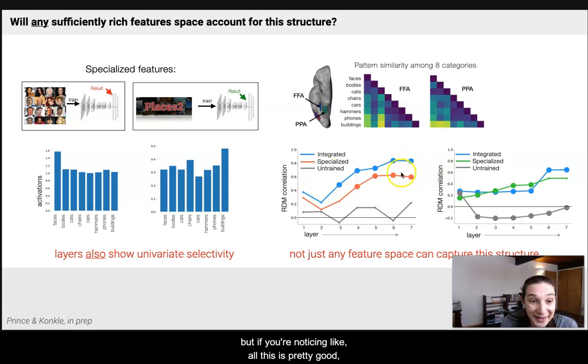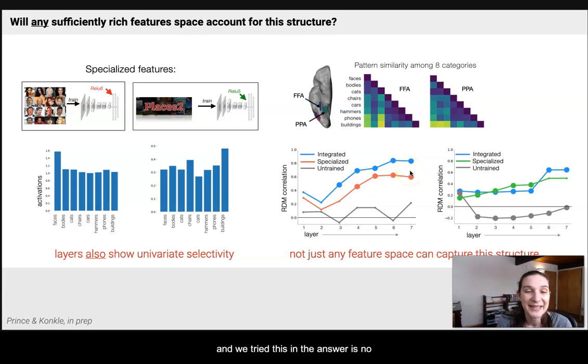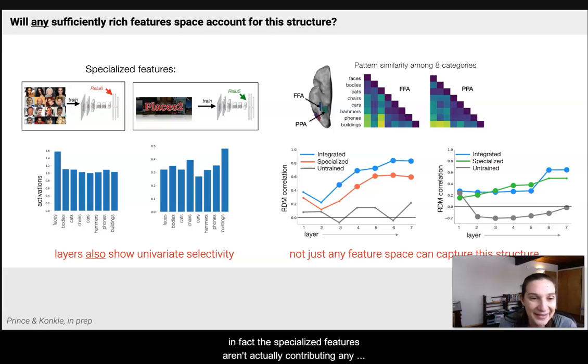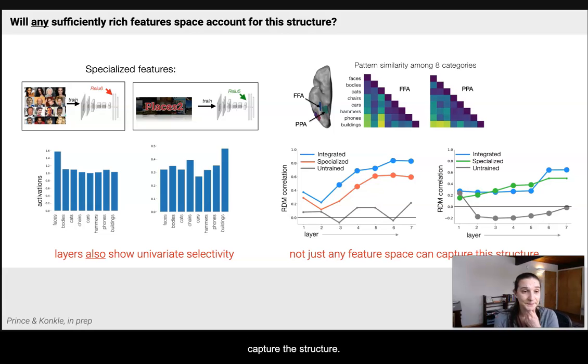But you might be noticing this is pretty good, so we thought, what if we combined the integrated ones with some specialized one? Will we do even better? We tried this, and the answer is no. In fact, the specialized features aren't actually contributing any unique variance. Less than 1%, all of the variance is coming from the integrated model. And what this tells us is not just any feature space can capture this structure.